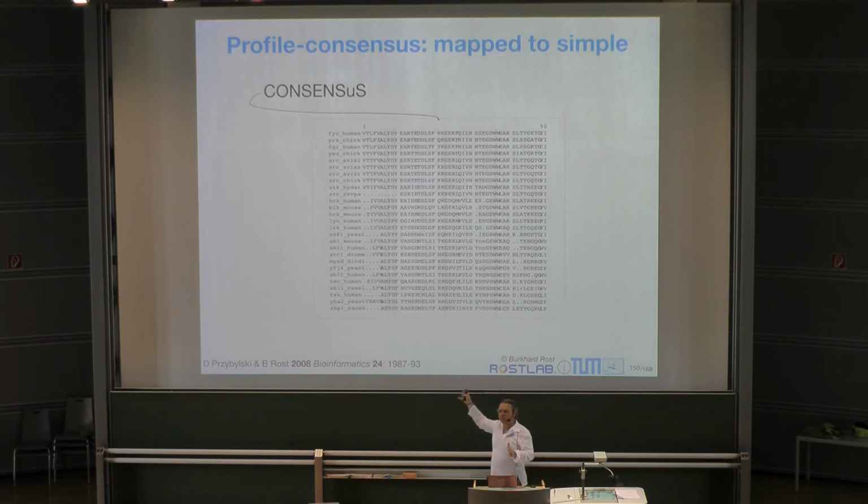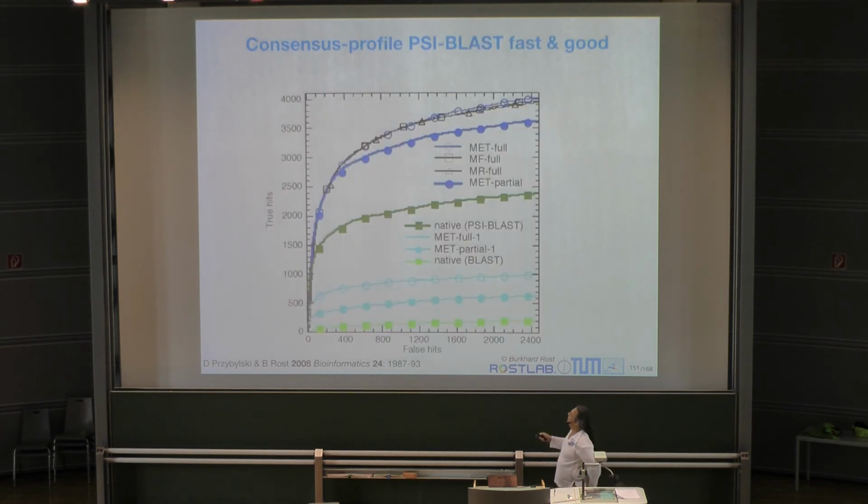In fact, I can do that with the same program that I showed you before, PSI-BLAST, in less than 15 minutes. 15 minutes is 5 iterations typically. So just one more iteration at the end in which I toss in the consensus. When I do that, let's not get into the detail, we do much better.